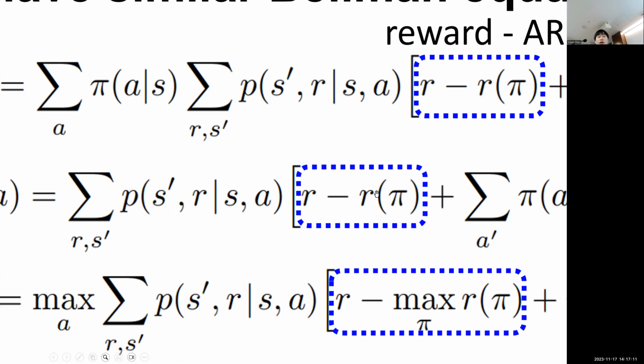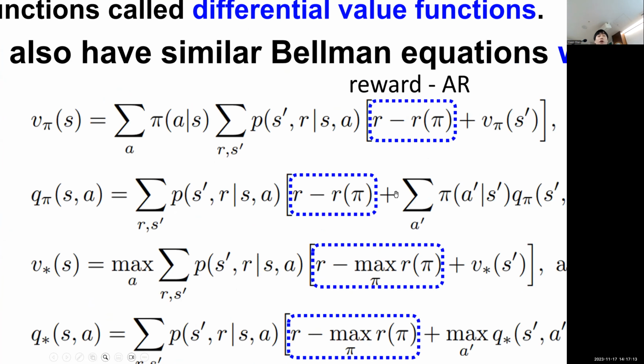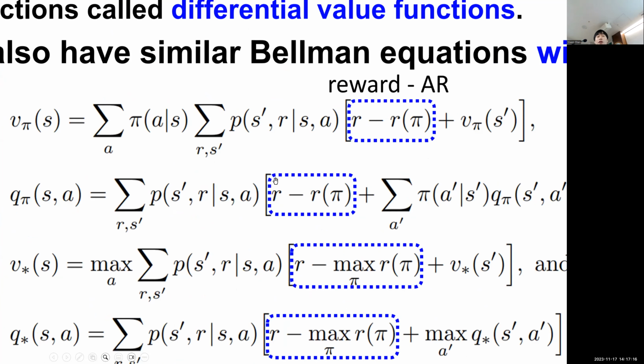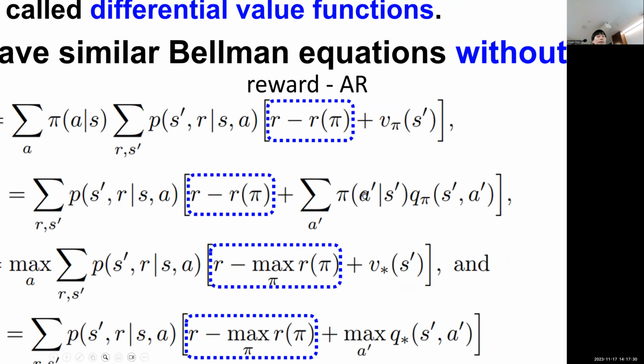Similarly, for the action value or Q value, we update with R minus R_pi. Previously, in the MDP or episodic discounted setting, we only had R plus the discounted action value, discounted by gamma.